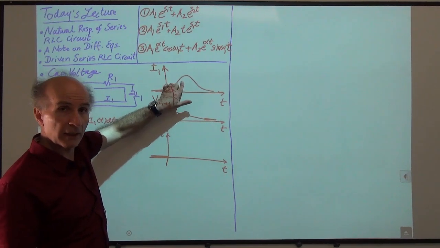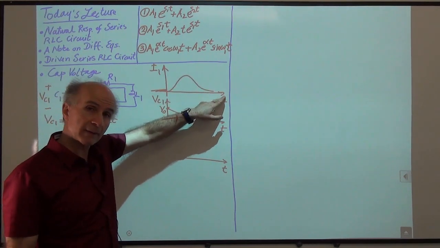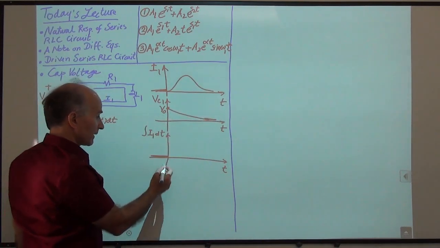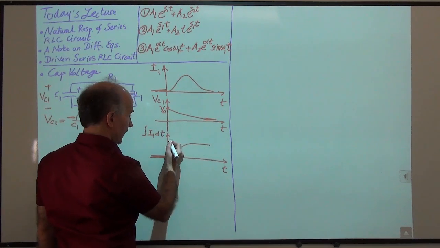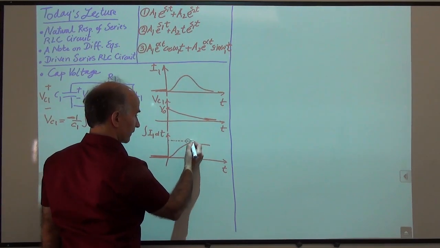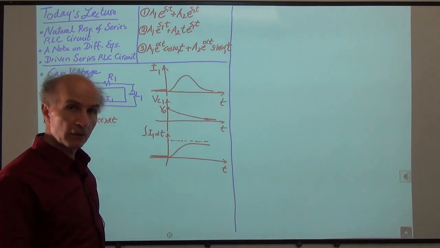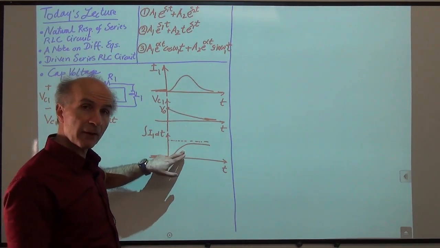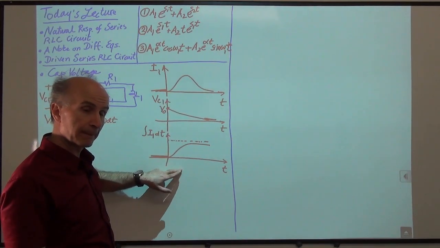So the area increases and increases and increases, and it probably reaches a constant value. So our guess is that this will go like this, and will probably reach a constant value. Okay? So this is our guess about the integral of this function as a function of time.